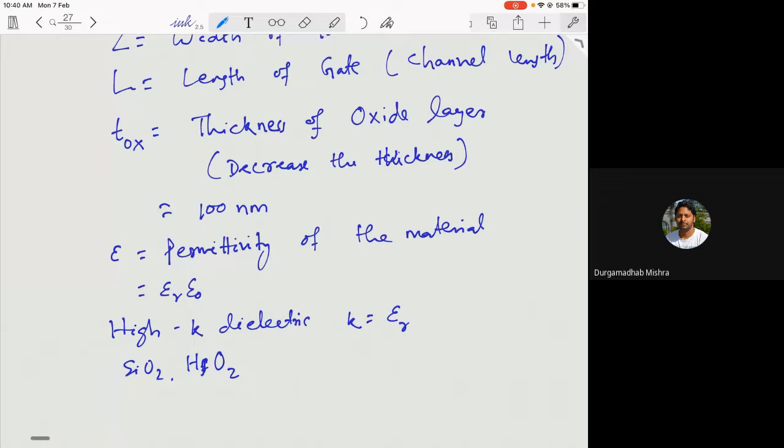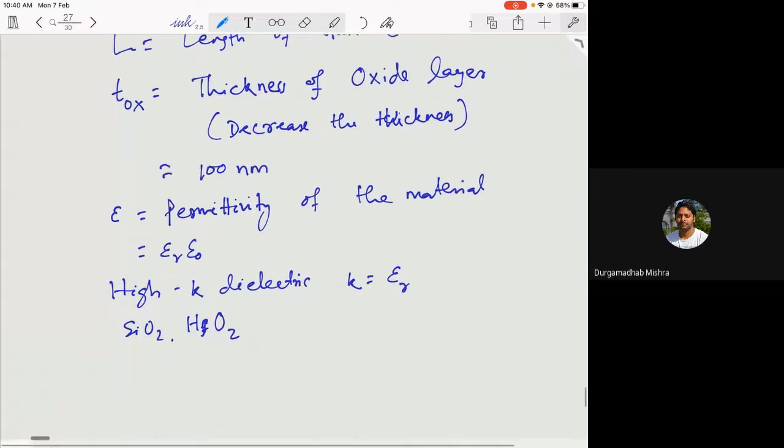If it is not a silicon based MOSFET, so if you are using gallium arsenide or any other material as a MOSFET device, then instead of using silicon dioxide, one can use hafnium oxide as well. Okay, so it also has a very good dielectric constant. One can also try many other oxides, but we will not really go into those details.